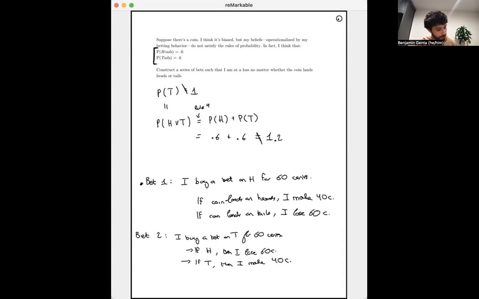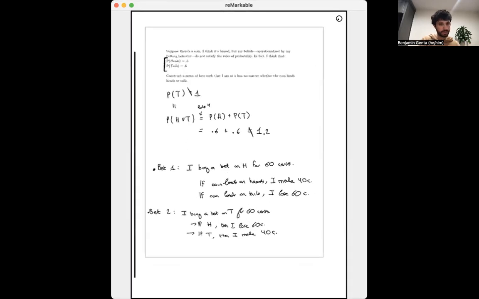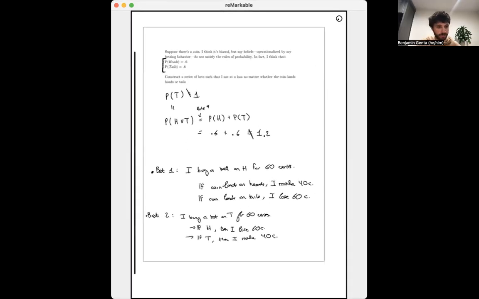And now if I take both of these bets together, the weird thing that happens is that if we flip the coin, I'm going to lose money in both cases, whether the coin lands heads or tails. So I'm zooming out a little bit here. Let's look at the outcomes. We have heads and tails, the actual outcomes.